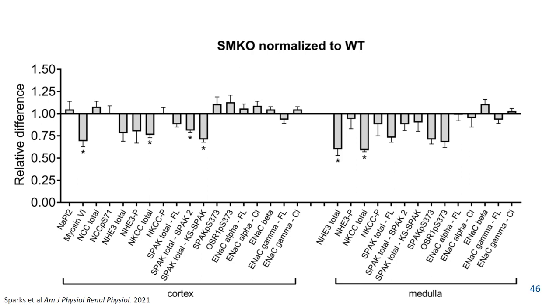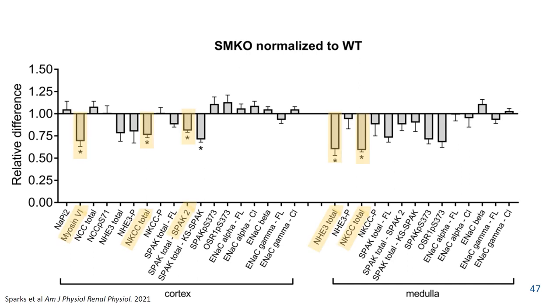Here are the data, looking at the difference in the smooth muscle knockout mouse normalized to the wild type at baseline, to see whether these are up, down, or the same. And remember, our hypothesis is that many of these would be upregulated in an effort to compensate for loss of sodium in the urine from this low blood pressure state that these mice have.